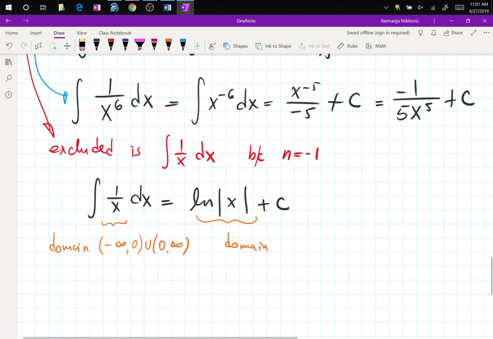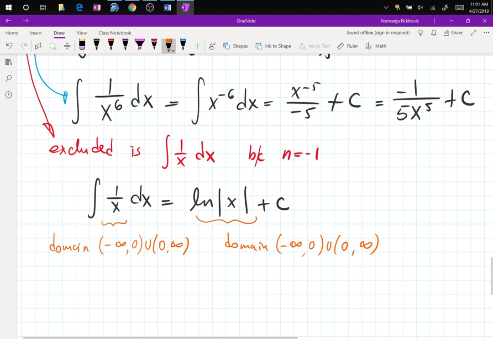Because imagine if I am allowed to plug in a negative 2 over here, and I am. 1 over negative 2 is just negative 1/2. Without absolute values, I would not be able to plug in negative 2 for ln, because it's not in the domain.